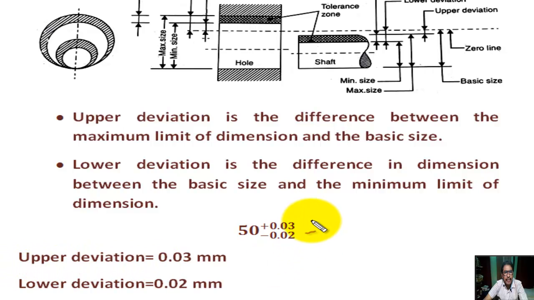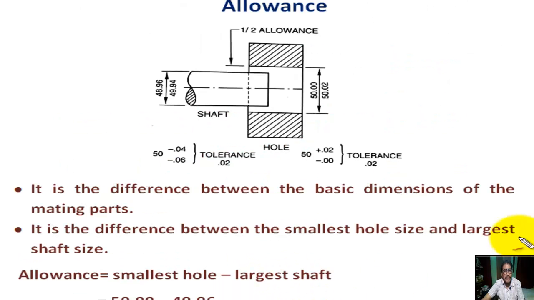So, upper deviation is 0.03 millimeter. That means maximum limit minus basic size. Lower deviation is 0.02 millimeter. That means difference between basic size minus minimum size. Okay.